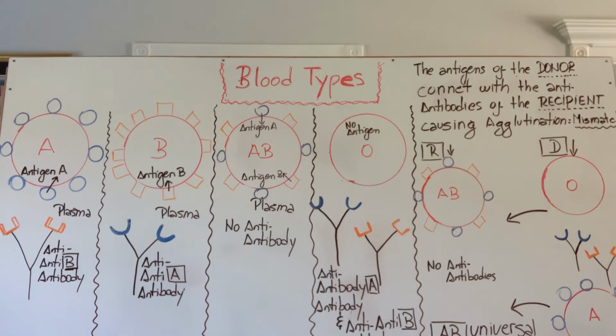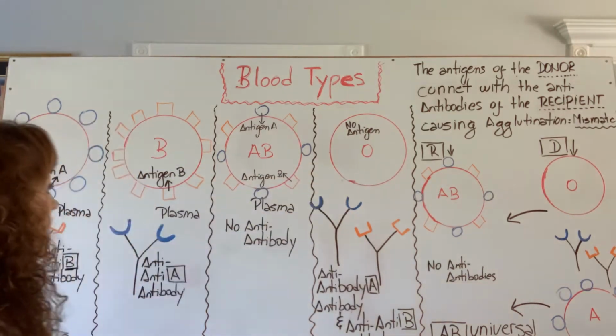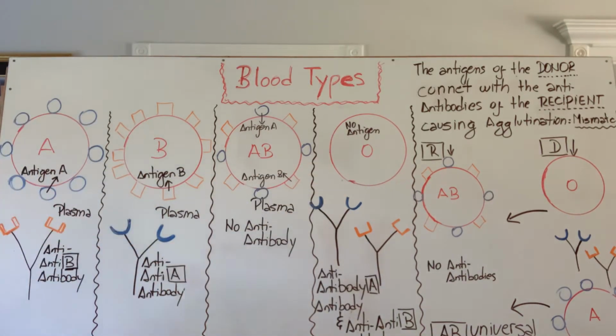Now, according to the type of antigen that marks the erythrocyte, we find different blood types. That is A, B, AB, or O. What is the difference between any of those? It is the type of antigen they have on the surface of the erythrocytes.